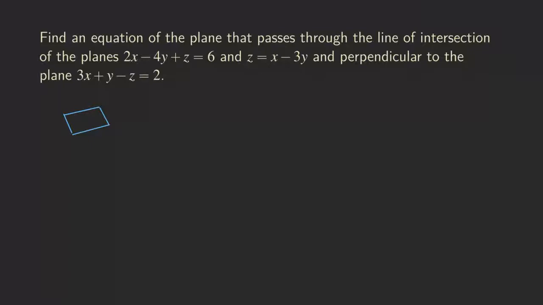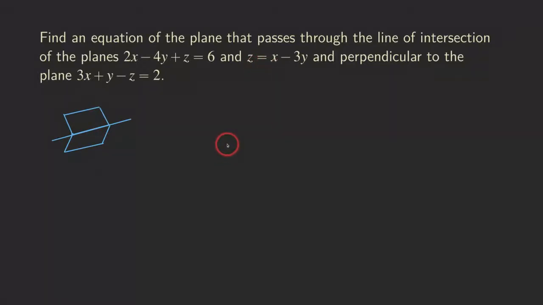And then the other plane. Those are the two planes that we have. And then the line of intersection is given by that. So this is the line of intersection of those two planes.